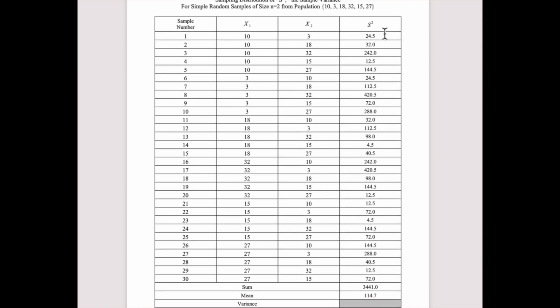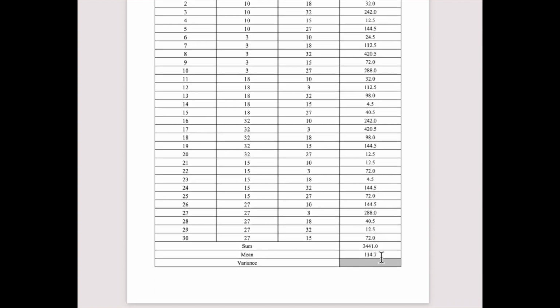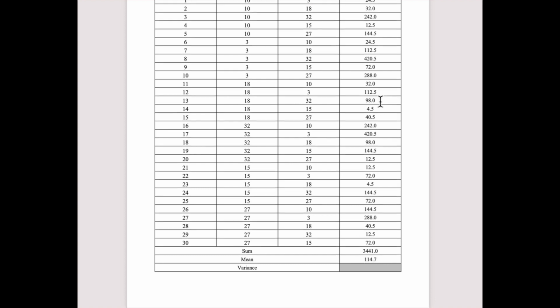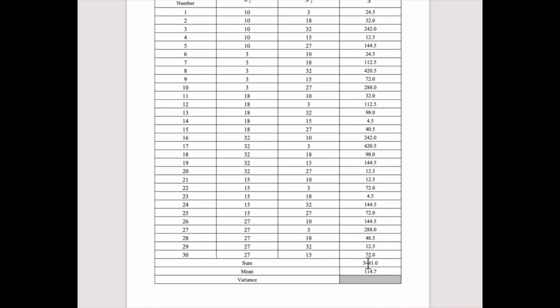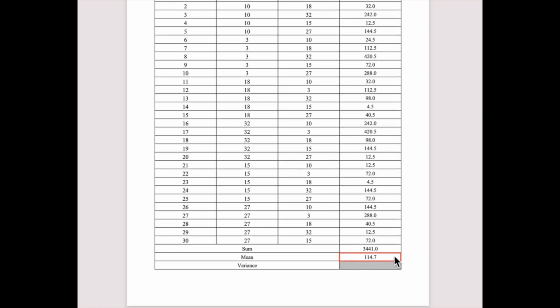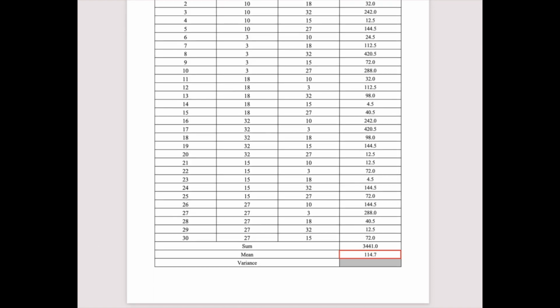Then we calculate the sum and the mean of this column of values, and we get a mean of 114.7. That is the mean of the sampling distribution of the sample variance for simple random samples of size little n equal to 2 taken from this finite population of 6 values.